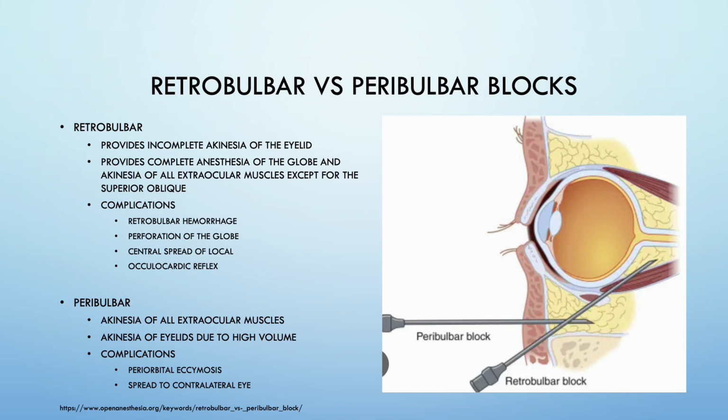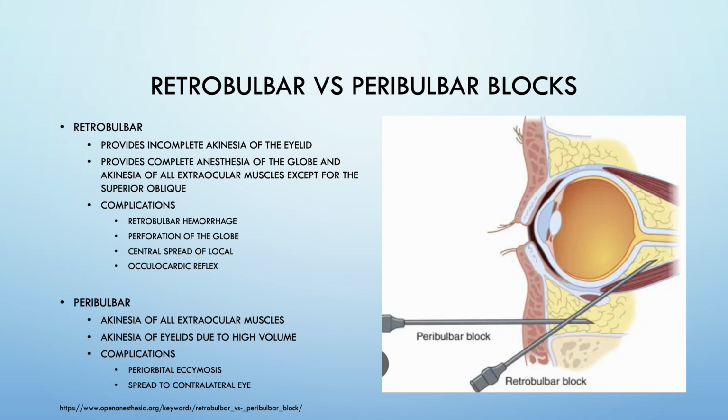So a retrobulbar block, as you can see from the image, places local anesthetic behind the globe. One of the downsides of this block is that it does not produce complete akinesia of the eyelid, which means that the eyelid can still move, but it does provide fairly good anesthesia to the entire globe and to all the extraocular muscles as well.